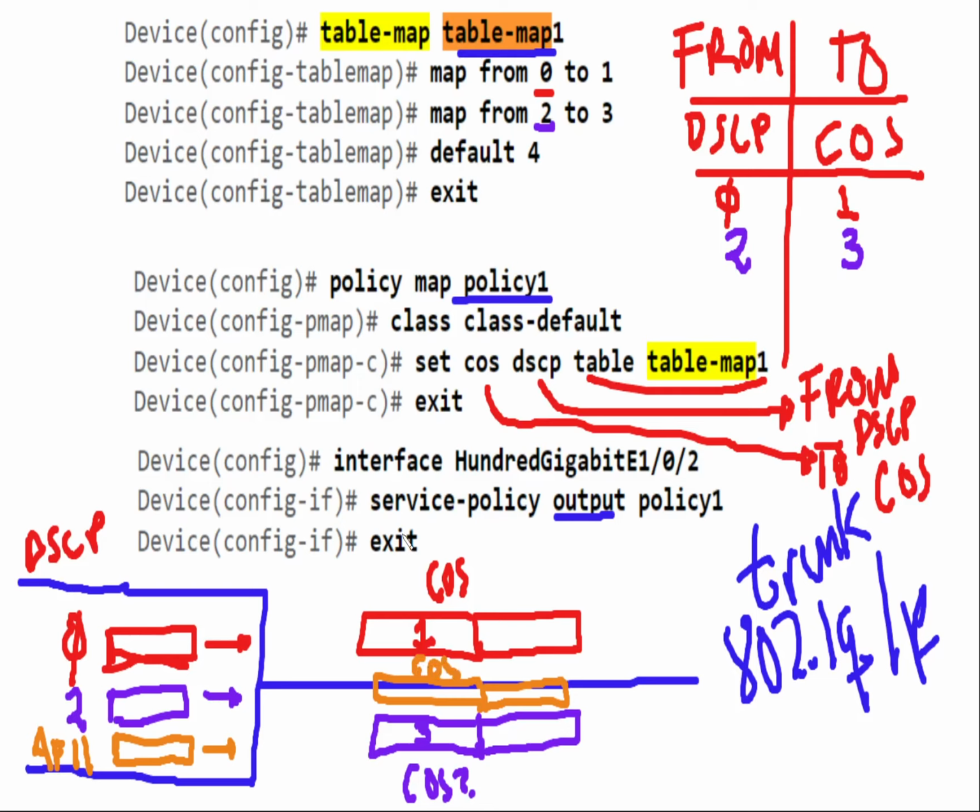I will go to see this table map, and I will notice that there is a default of 4. This means that for every single DSCP value, that is going to get translated to a cost value of 4. So I'm going to write down here a number of 4. Hope that makes any sense.